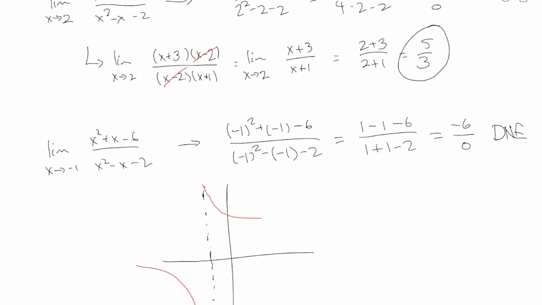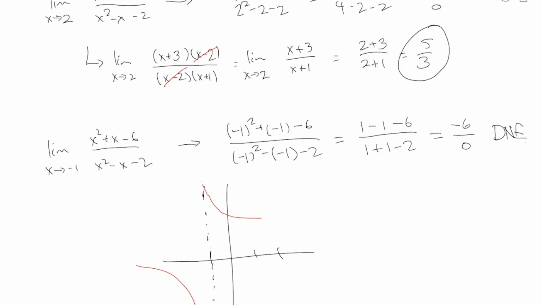All right. And then the fact that this one is actually a number, this one actually equals 5/3, what that means is that there is a discontinuity point at x equal 2. So here. But there is also a limit of the curve. So the curve actually does go to 5/3. It's just that there isn't a point there.